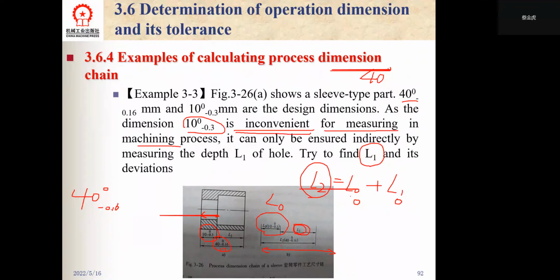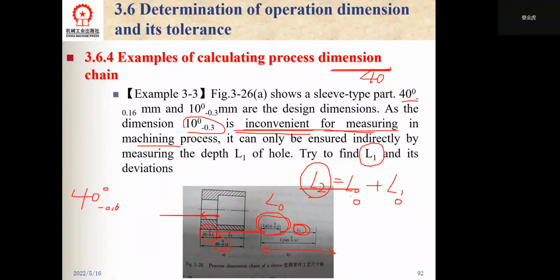Inconvenient means it is the last one formed in the machining process because it is inconvenient for measuring. So L0 is the last formed. So L0 is the closed link.